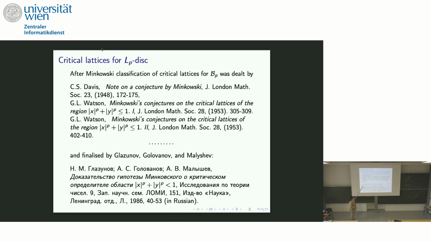and at last Malyshev, who was a student of Linnik, with his students produced a numerical proof of the Minkowski conjecture, and a complete description of all critical lattices for all p.